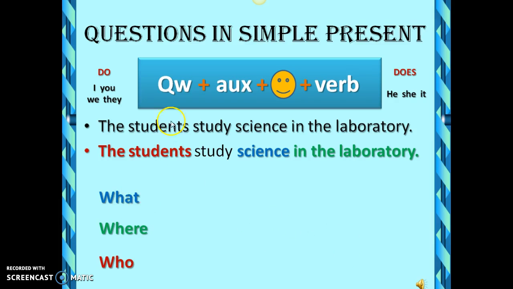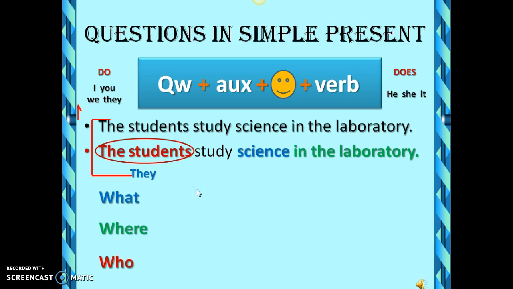Now let's see. Here we have the question. We're going to start with making the specific question. Here we say what is the question word, then the auxiliary. But before that, we have to consider that the subject can be represented by a pronoun. In this case it is they.